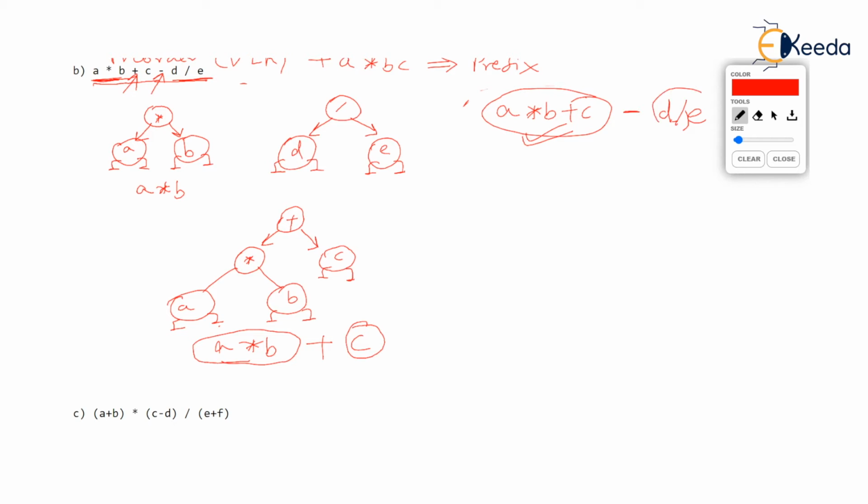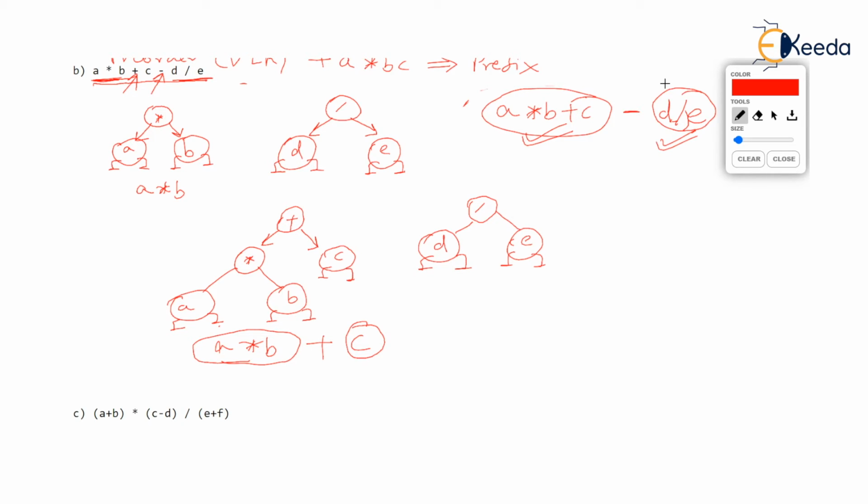Notice D upon E also has been done in the form of expression tree. What is D upon E? It is D, E connected with upon.